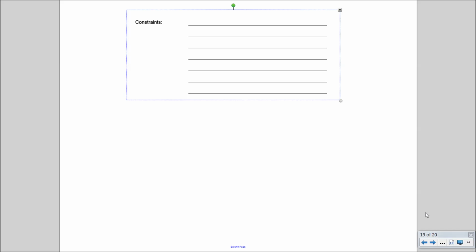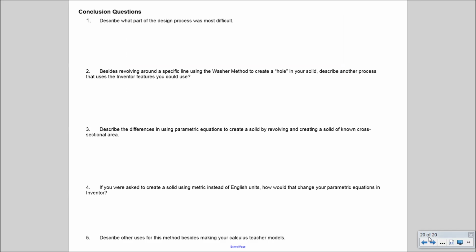You're then to go through the same process using your own problem that you have identified, and when complete, you can then move on to conclusion questions describing what part of the design process was most difficult, all the way through to describing other uses for this method besides making your calculus teacher models. Good luck.